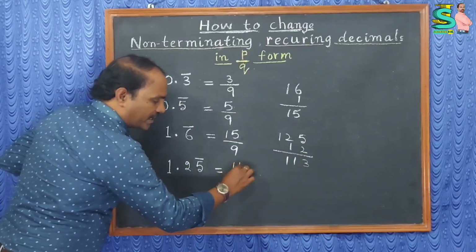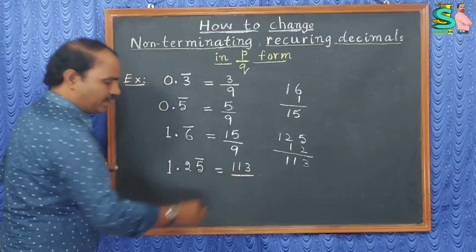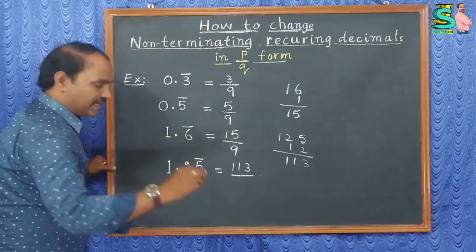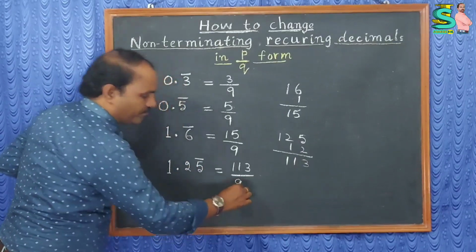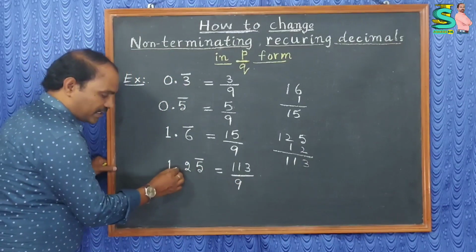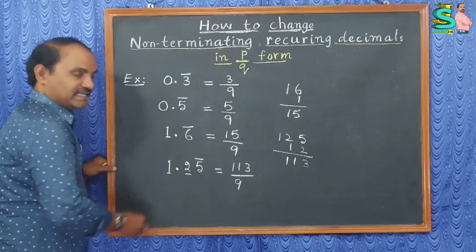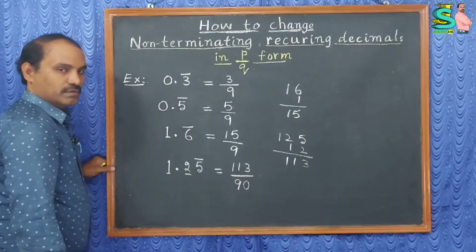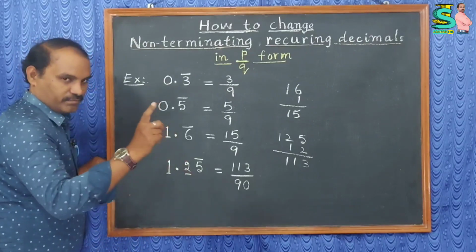So 113 by, under the bar how many digits are there? Only one digit, so 9, and after the decimal one more digit is there, that's why you should write 0. Remember, this type is very important.